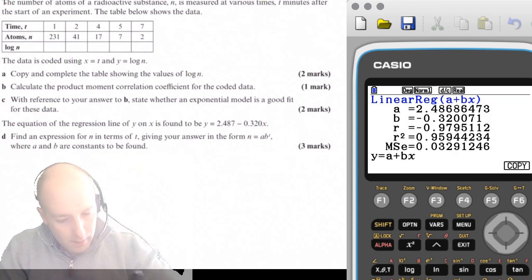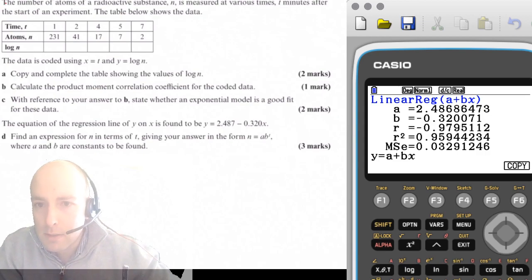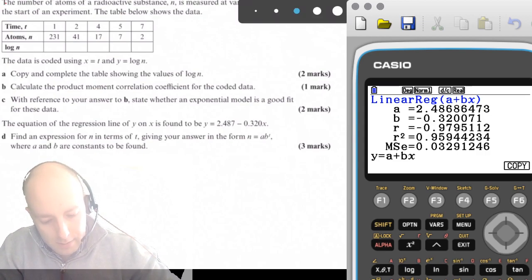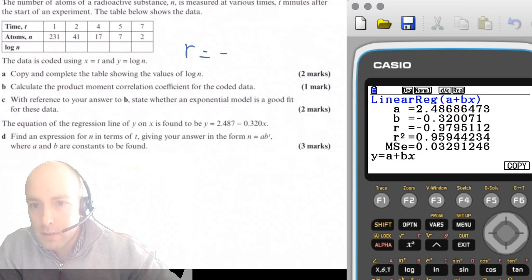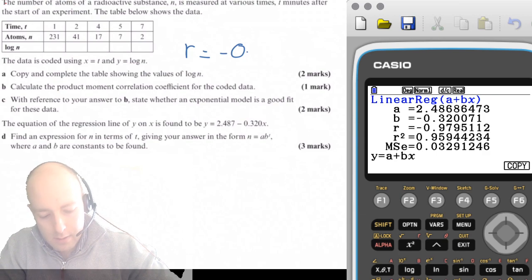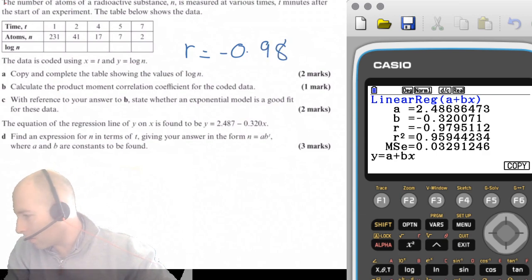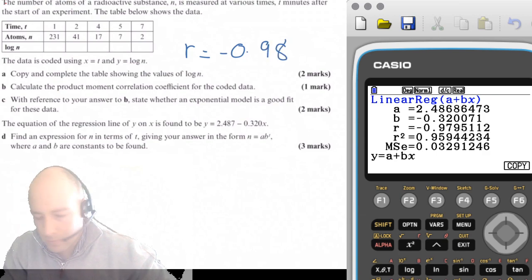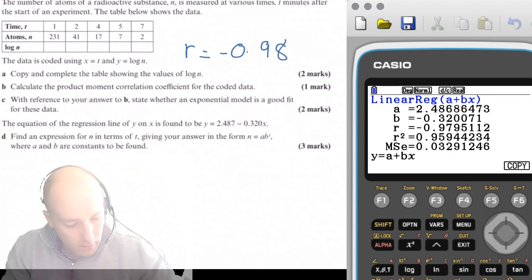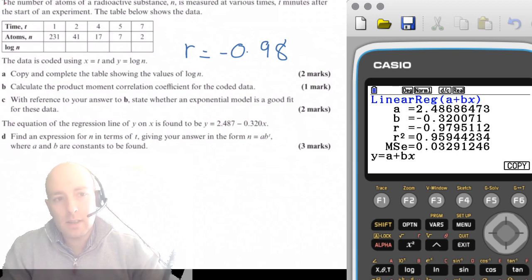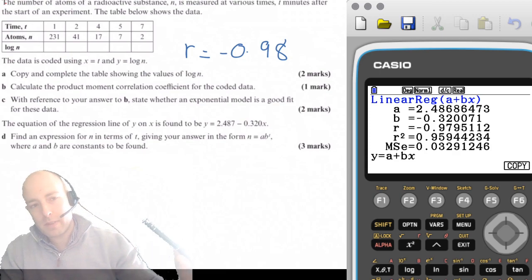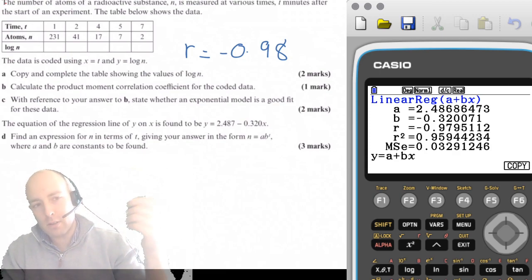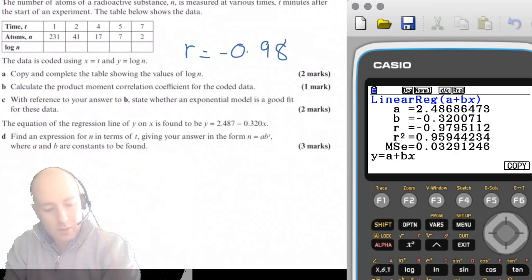So we get a PMCC comes out as minus 0.98. So extremely strong negative correlation. With reference to B, state whether it's a good fit. Yes, it is, because when we logged it, it was a perfect linear equation, and if we turn that back into a logarithmic equation, it will fit an exponential model.